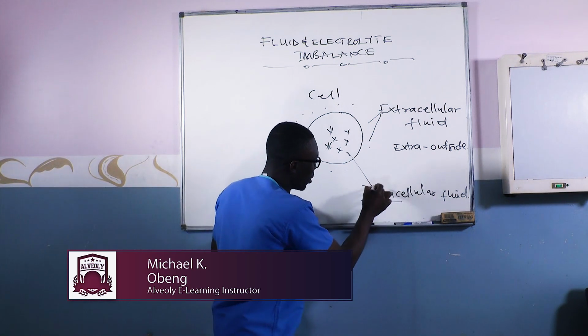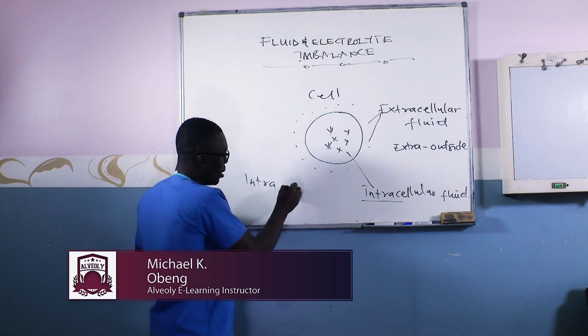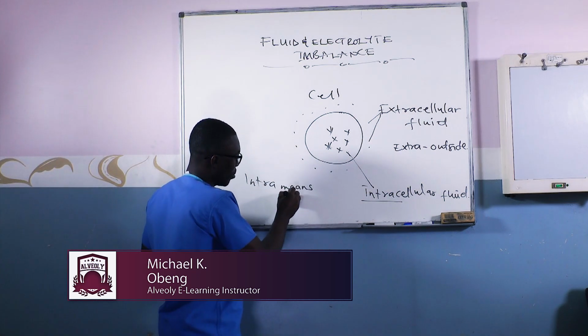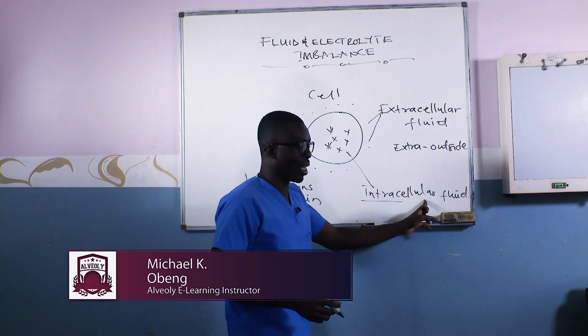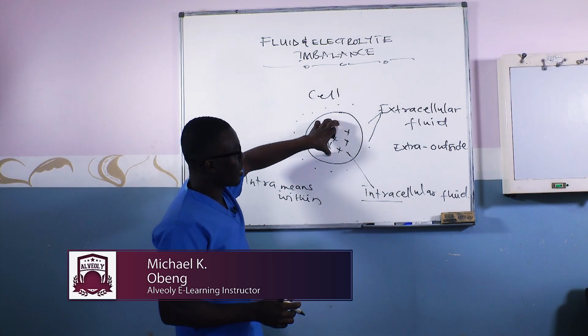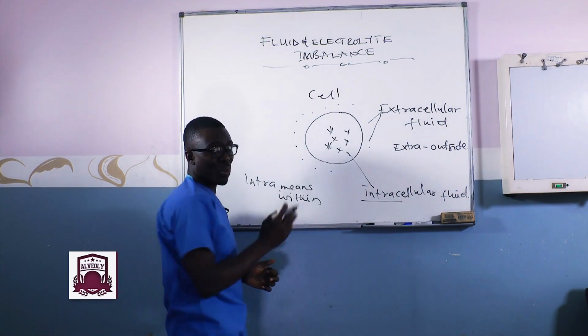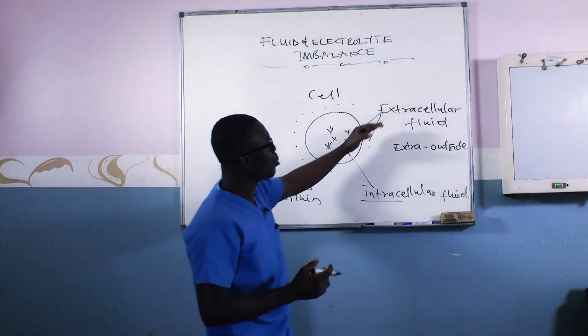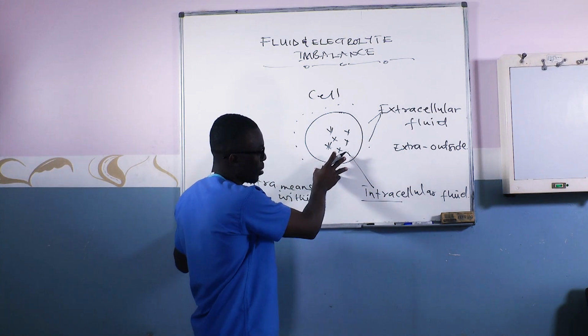The word intra means within. So intracellular fluid is a fluid that is contained within the cell, whilst extracellular fluid is a fluid located outside the cell. These are the two main fluid compartments associated with the cells.